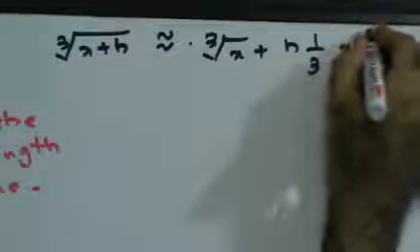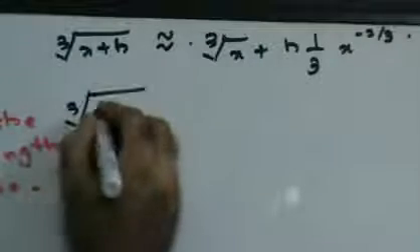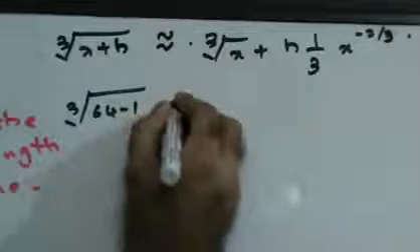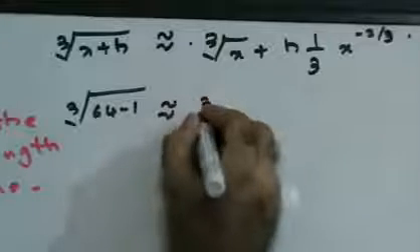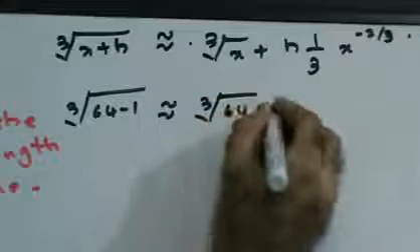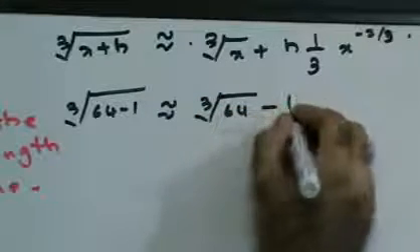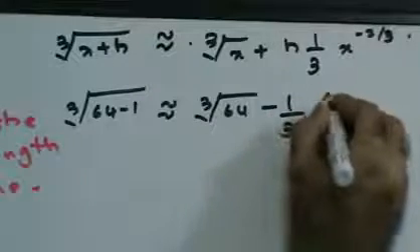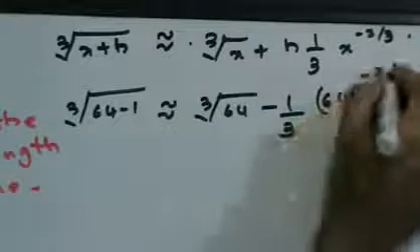F bar of x is nothing but 1 upon 3 x raised to minus 2 by 3. Right? Now substitute the value, so you will get cube root of 64 minus 1 is approximately equal to cube root of 64 plus h times minus 1 upon 3, 64 raised to minus 2 by 3.